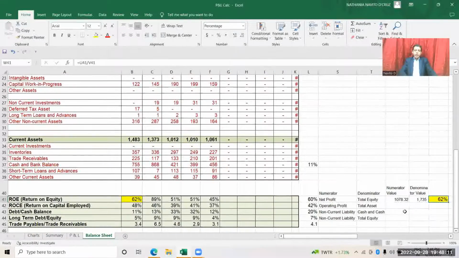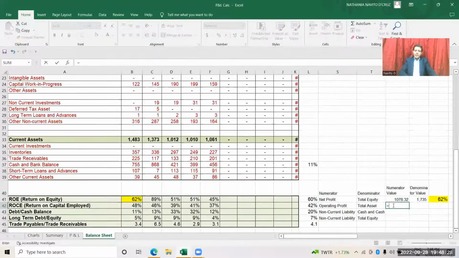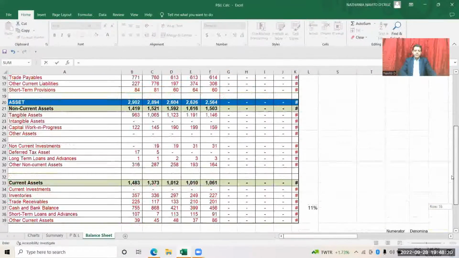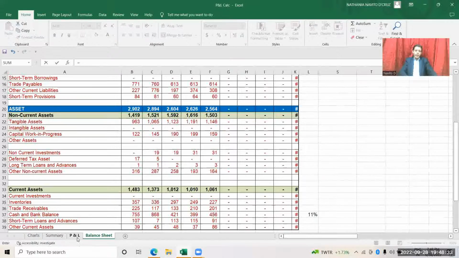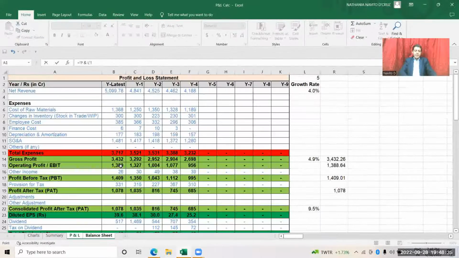Then we see the return on capital employed. So for return on capital employed, we take the operating profit of the company. In case you want to know why we take operating profit, please drop in a comment and I will get back with a separate video explaining why. So for now, just to understand how it is calculated, we take the operating profit from the profit and loss statement, the EBIT, 1389.